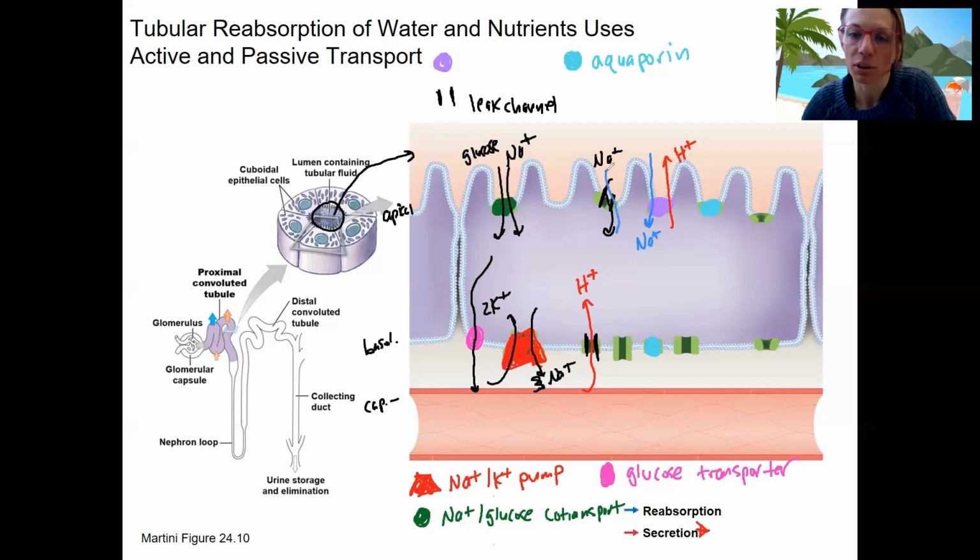So here's another way of bringing sodium in. And these are all reabsorption, which in my key I have blue. Reabsorption this way. So look at all these mechanisms for sodium. It needs to be reabsorbed. That's really important for maintaining osmolarity of our blood. It also is going to be helpful for us bringing glucose, amino acids in, and secreting hydrogen out into the urine, that acidic hydrogen ion.